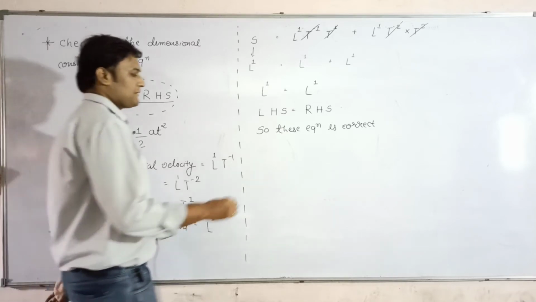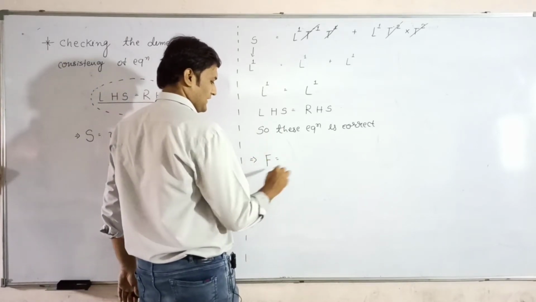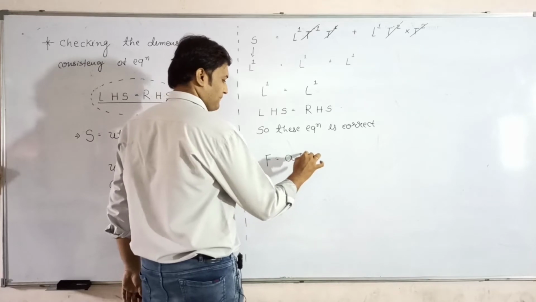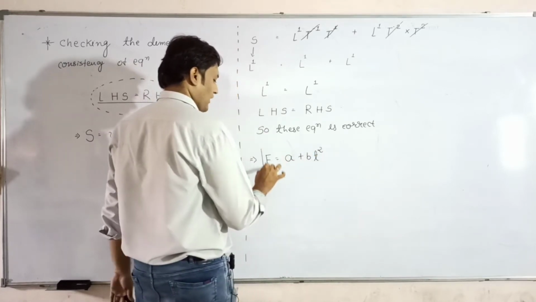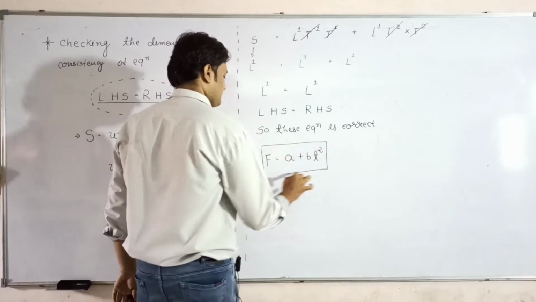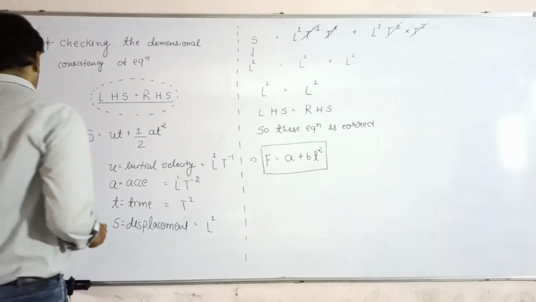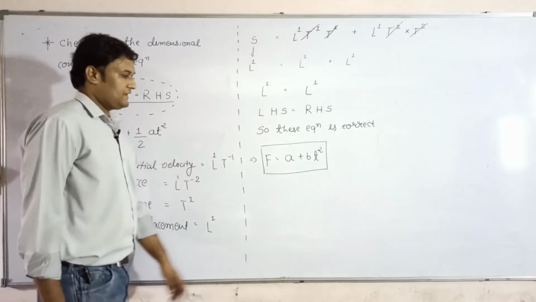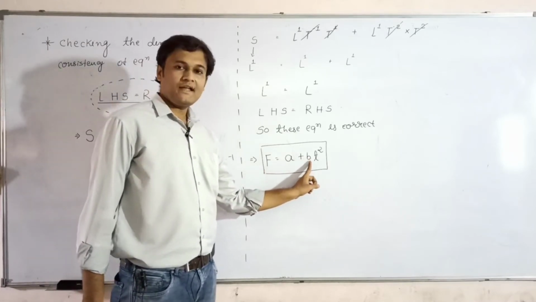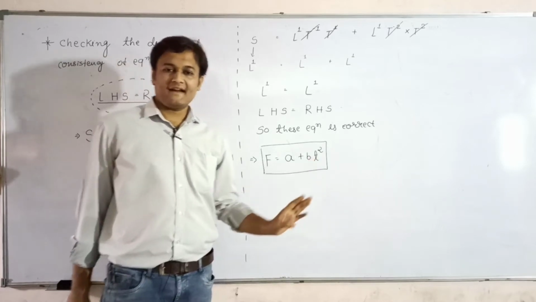Suppose here there is another equation, F is equal to a plus bt square. F is equal to a plus bt square. Okay. Now we have to find out a and b. This equation is correct.